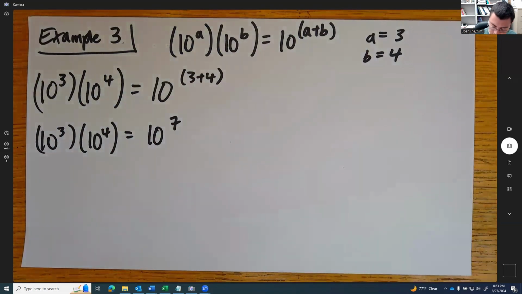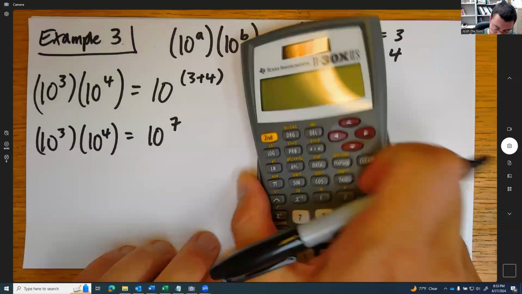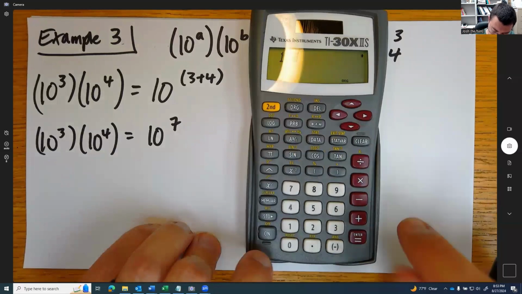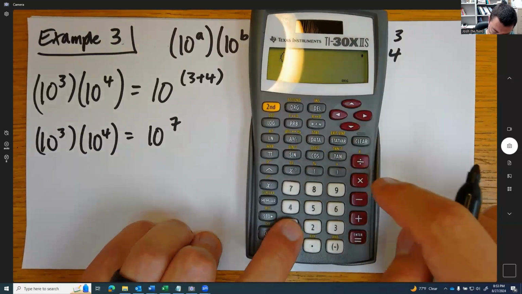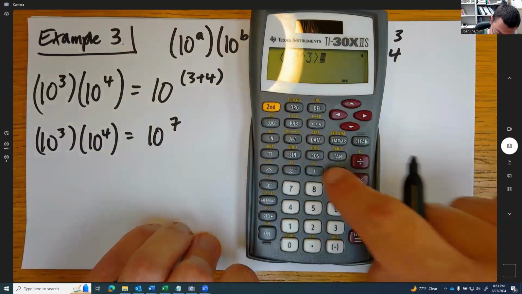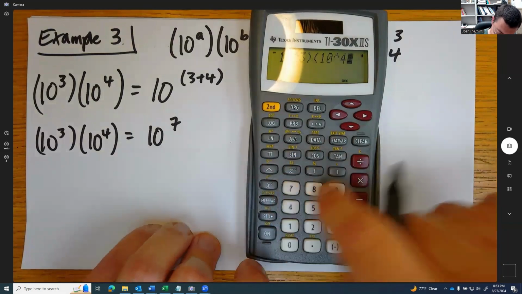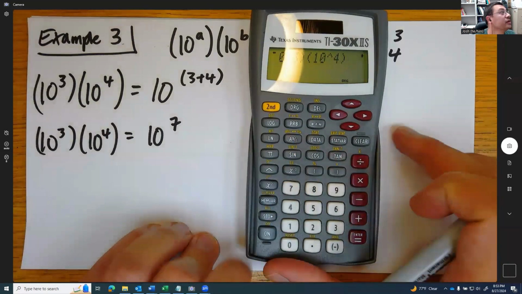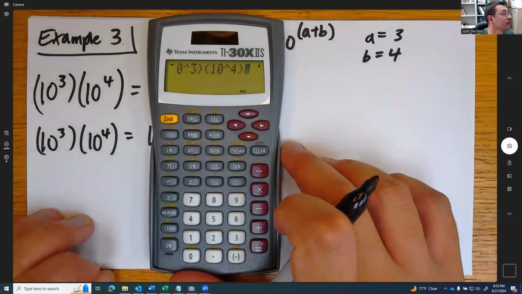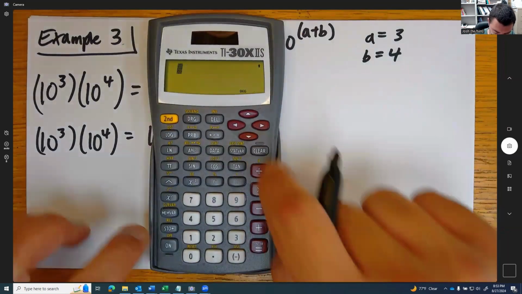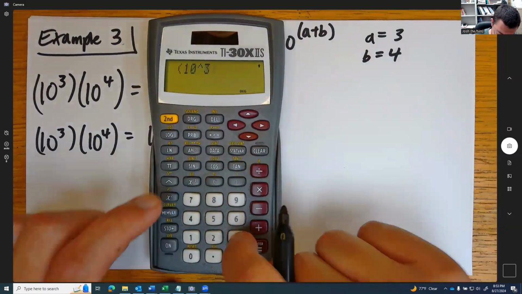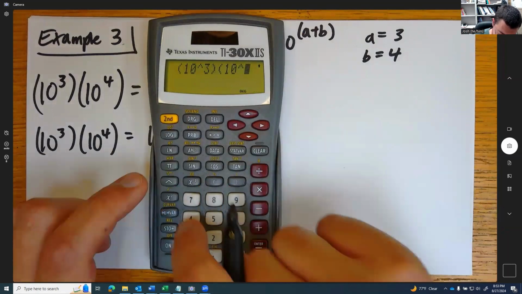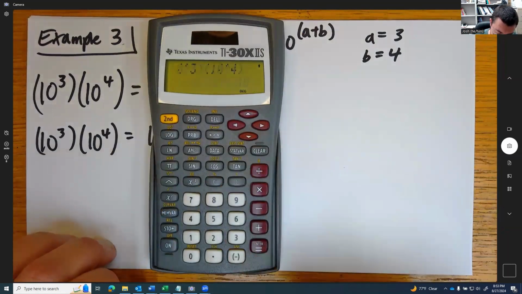Let's just do the calculator way first. Make sure I'm on the screen. Oh, there we go. No glare. I'll do that again. All right, hit equals on that.